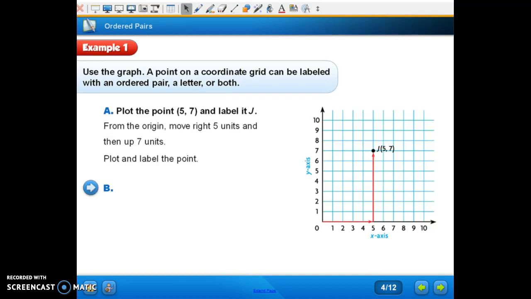Okay, it says, from the origin, plot the point 8, 0 and label it S. So we're going to go to the right to 8, and we're not going to get off that line because our y-axis is on 0, and they want you to label it S. So you would have S, then in parentheses you would have 8, comma, 0.